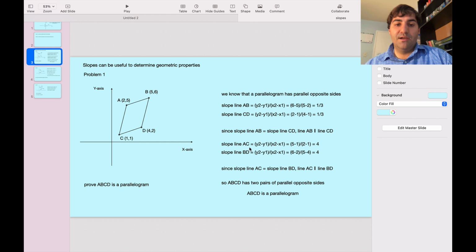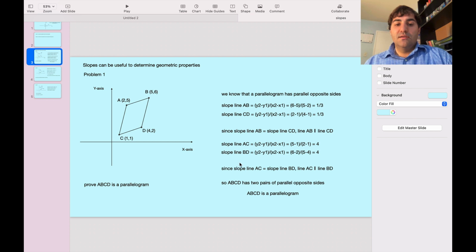The slope of line AC, we use the same formula: (5 minus 1) divided by (2 minus 1), and that's 4. And then the slope of line BD, we do the same thing. We get (6 minus 2) divided by (5 minus 4), and that's equal to 4 if you work out the arithmetic.